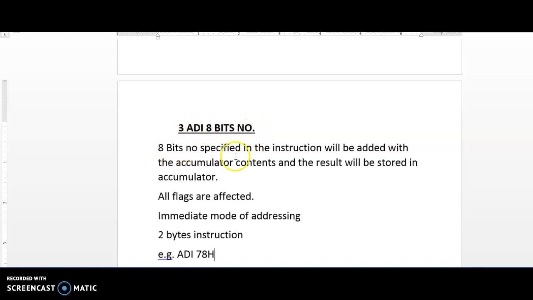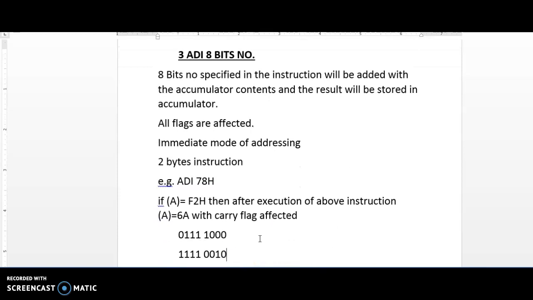That 8-bit number which is specified in the instruction will be added with the accumulator, and the result will be stored in the accumulator. So this also will affect all the flags, and this has the immediate addressing mode, and it is a 2-byte instruction.